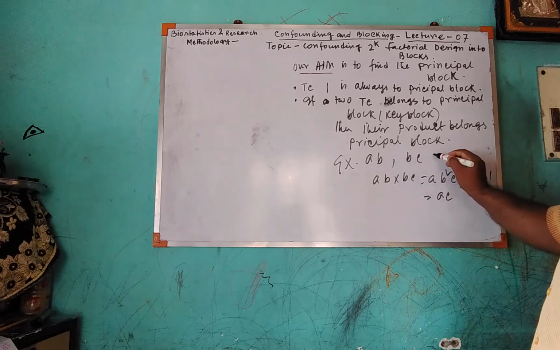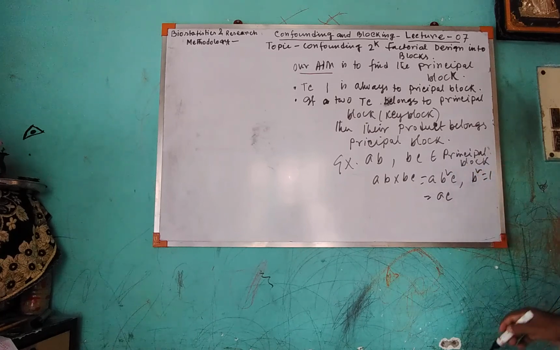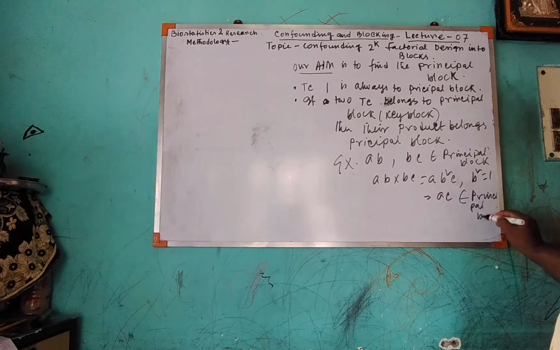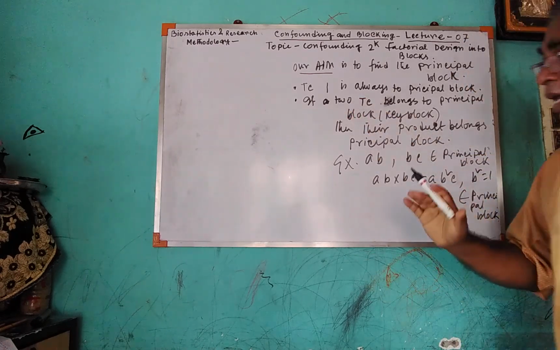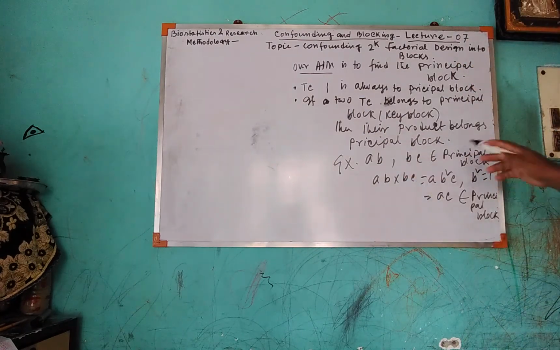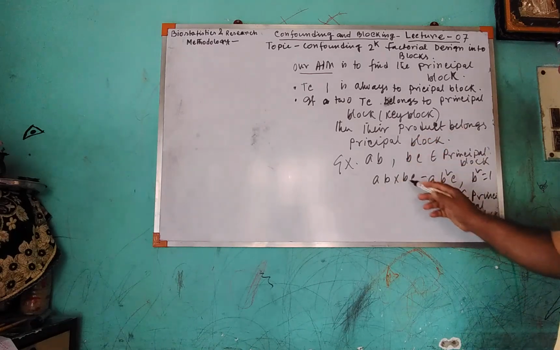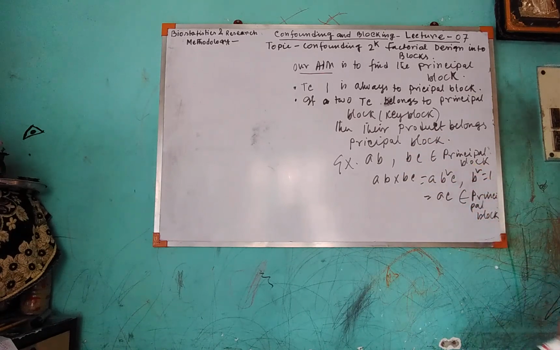So when AB and BC belong to principal block, then their product, that is AC, belongs to principal block. Understand this point? Okay, now I think everybody is clear. Is that clear to everyone? Yes. Okay.